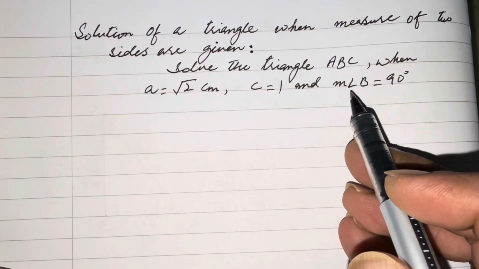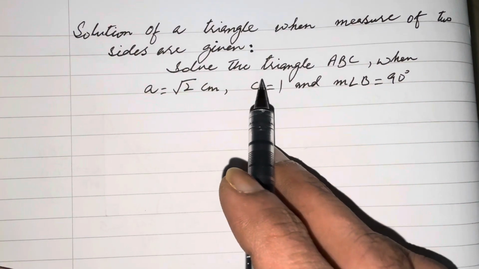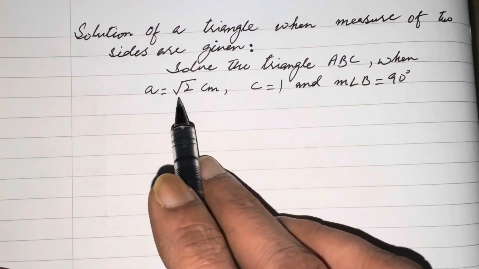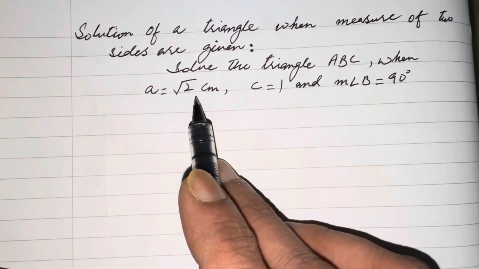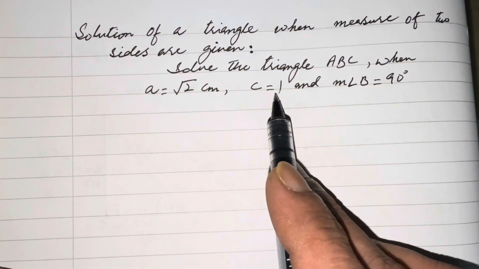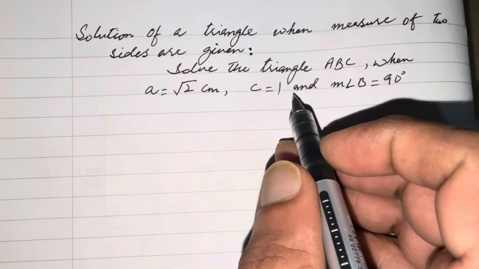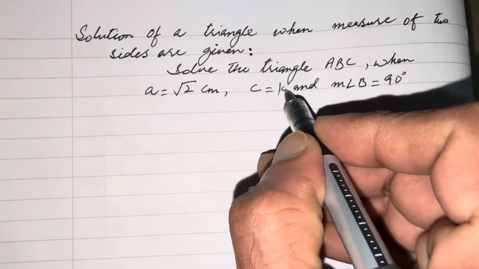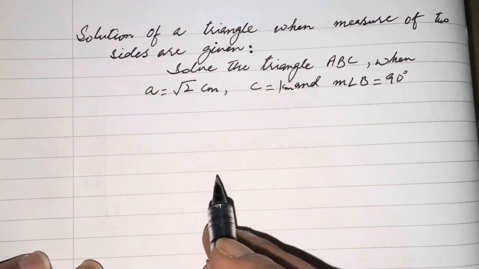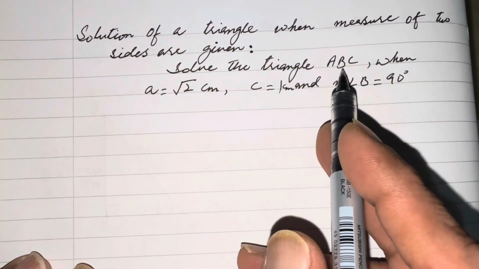But we have two lengths of the right angle triangle. One is a equals √2 centimeter and c equals 1 centimeter. So first of all, solve the triangle ABC.